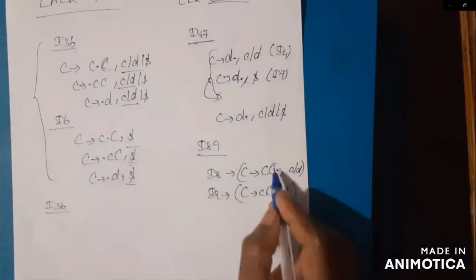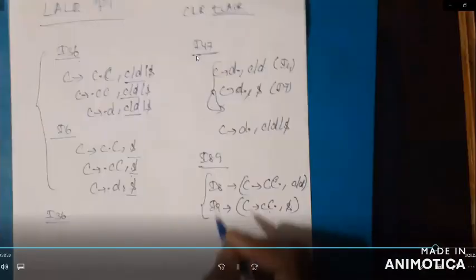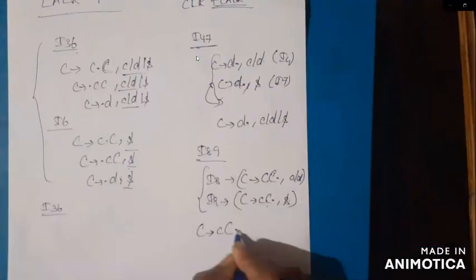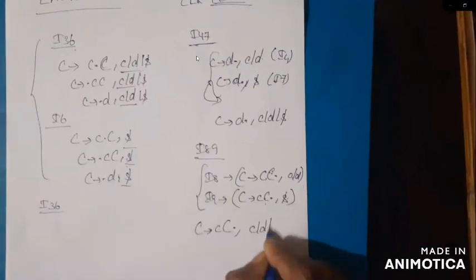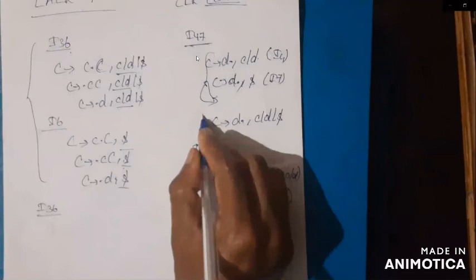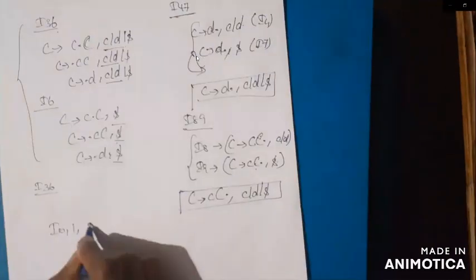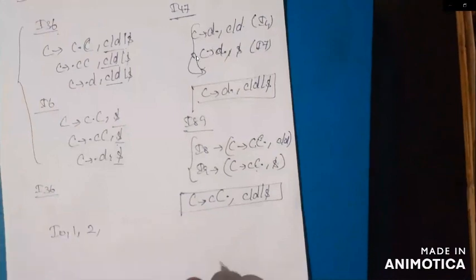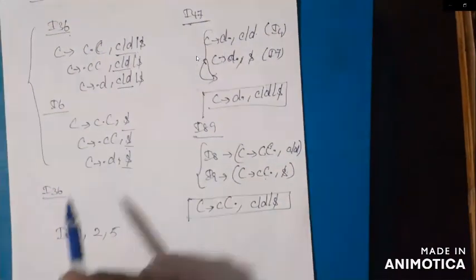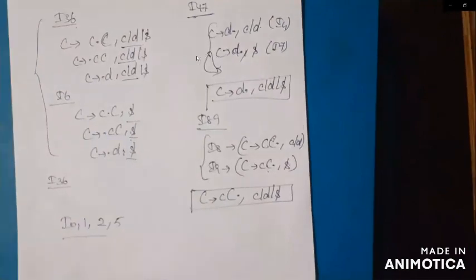The production is common and only the look-ahead varies, so merge these two productions: C tends to C C dot, C slash D slash dollar. This is for the look-ahead function. The remaining states, 0, 1, 2, 3, 4, 5, 6, 7, 8, 9, stay different, and you complete according to that.